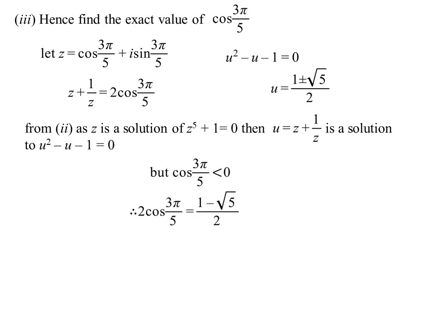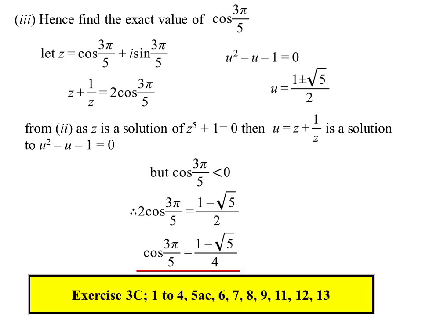Therefore, 2 cos 3 pi on 5, z plus 1 on z, which we said is a solution, must be 1 minus root 5 on 2. That's 2 lots of it. So cos 3 pi on 5 is 1 minus root 5 over 4. There is our solution. Wow. Okay, that'll do us. So roots of unity 3C.